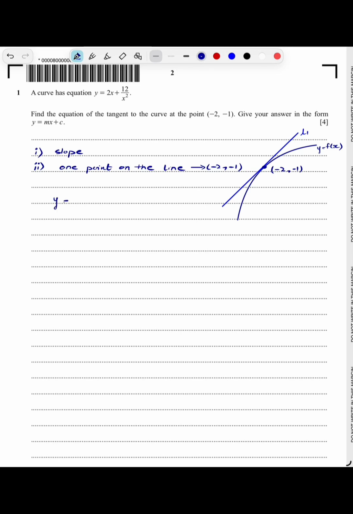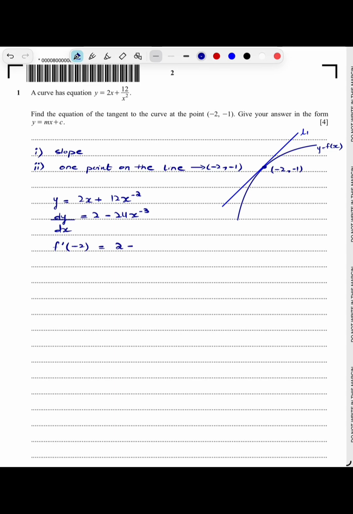The equation is y equals 2x plus 12 over x power -2. So the derivative with respect to x is going to be 2 minus 24x power -3. Let's see the value of the derivative at x equals -2.